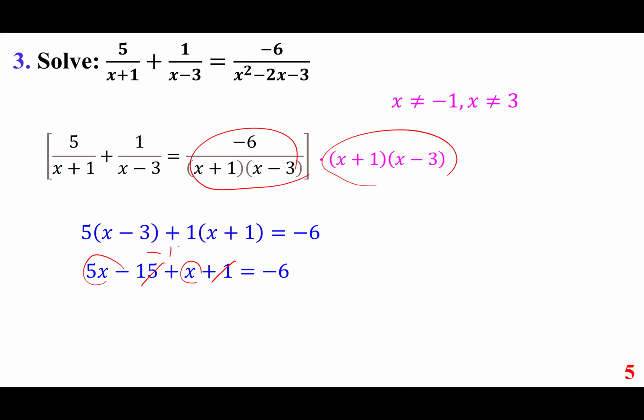These two, they add up to negative 14. They change to positive 14 on the right. We get 6x equals 8. Divide by 6. X is 8 over 6, or 4/3.